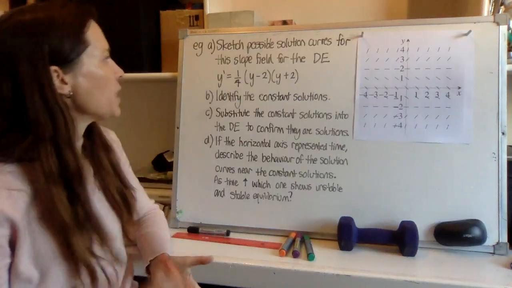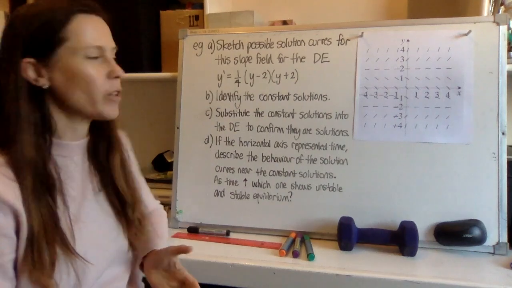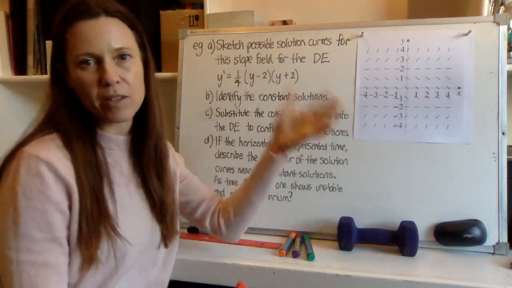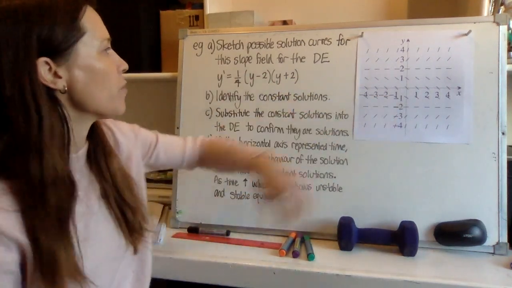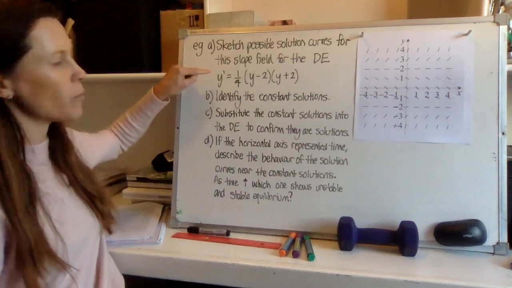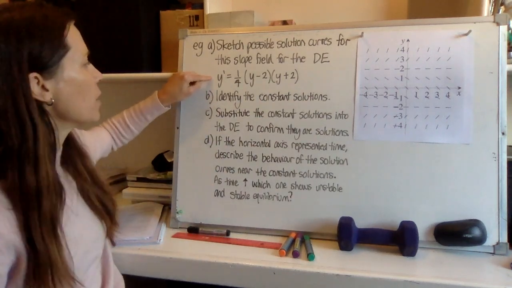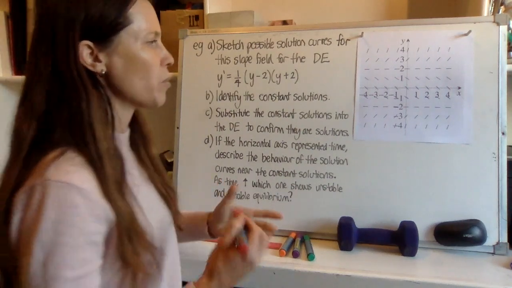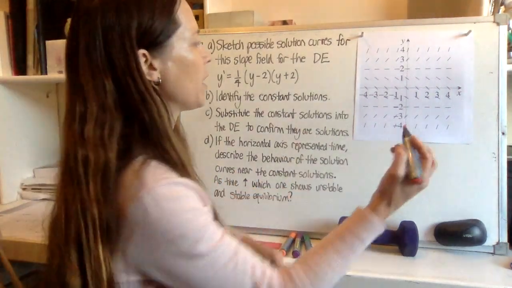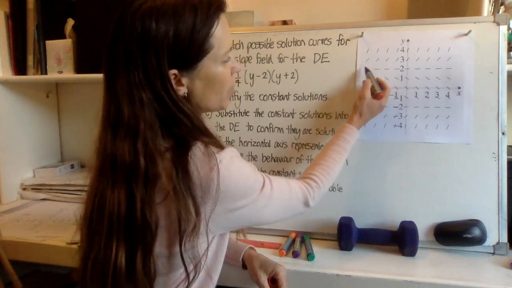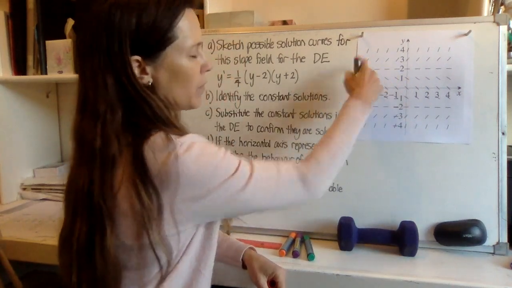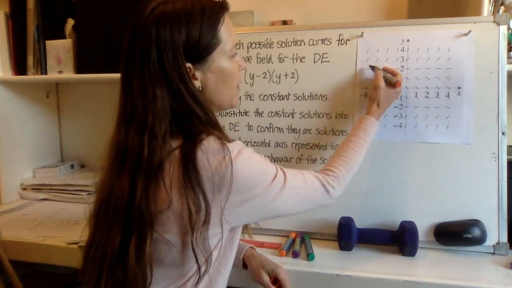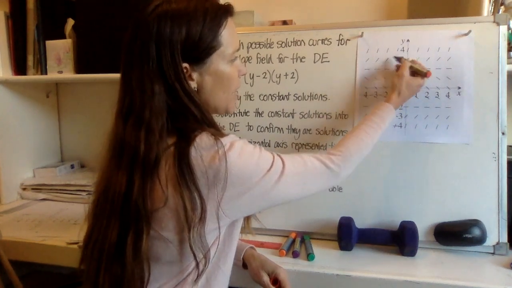Now in this question we need to sketch possible solution curves, so we need to somehow thread our solution curves through this slope field. We're given the slope field and we're given the differential equation that's been used to create it. So sketching possible solution curves, well, we can make as many as we like, but if we're going along here saying, all right, well, we're pretty close to being a horizontal gradient here, then it's potentially tending towards one.